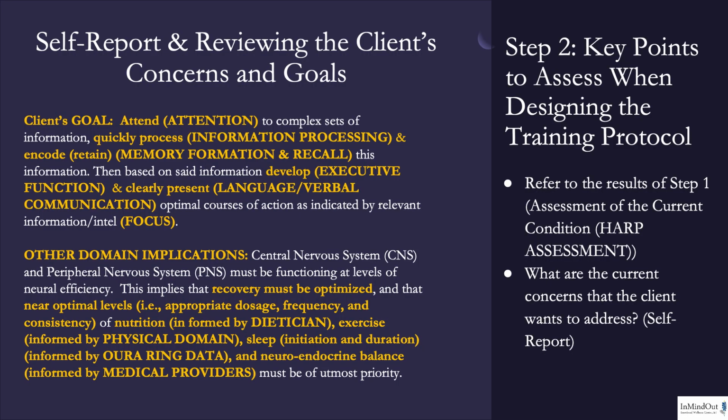Once we've done the assessment, we have to put the client's goal, or their condition, in words that we can actually see in the other metrics. For example, if we look at certain disorders, a disorder is not something that we can necessarily see in the EEG.